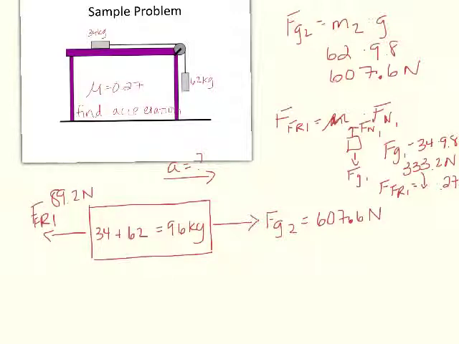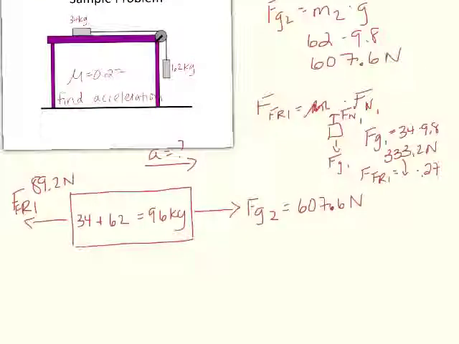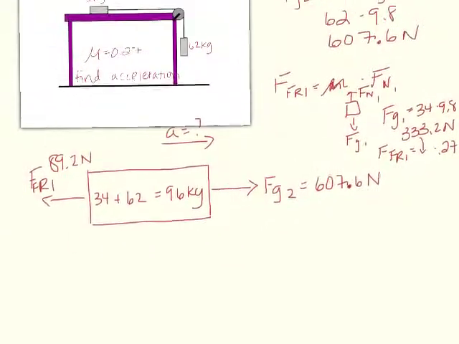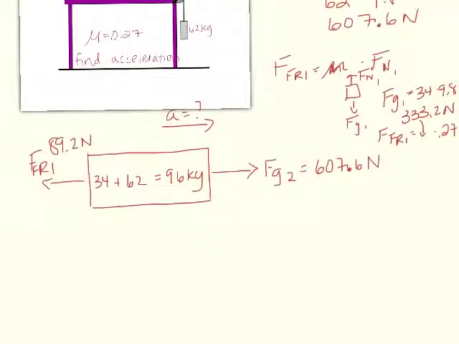So let me scoot this up just a little bit. We still need to find acceleration of our force diagram, but now that we have forces on both sides, we can find F net.